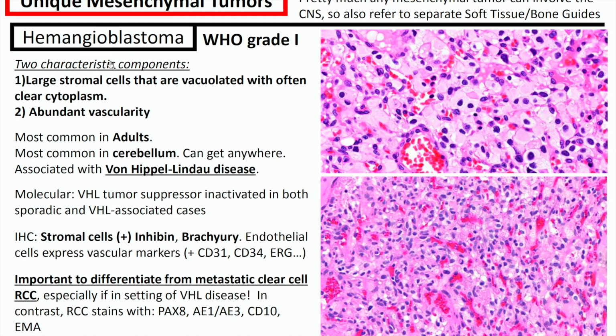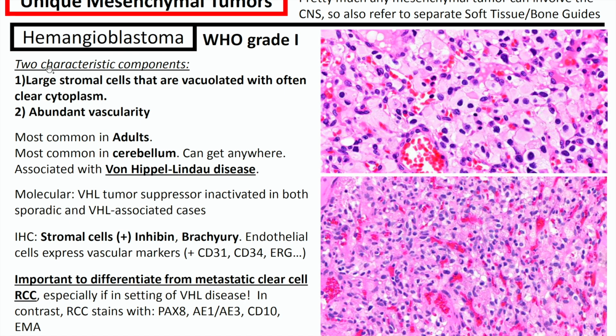One is the large stromal cells that are vacuolated with often a clear cytoplasm. And then there's going to be abundant vascularity. So that hemangio aspect of the name is going to refer to that abundant vascularity. And then we have the large stromal cells with vacuolation. Most commonly in adults, commonly in the cerebellum. You can get them anywhere though, and they're associated with von Hippel-Lindau disease, or VHL.